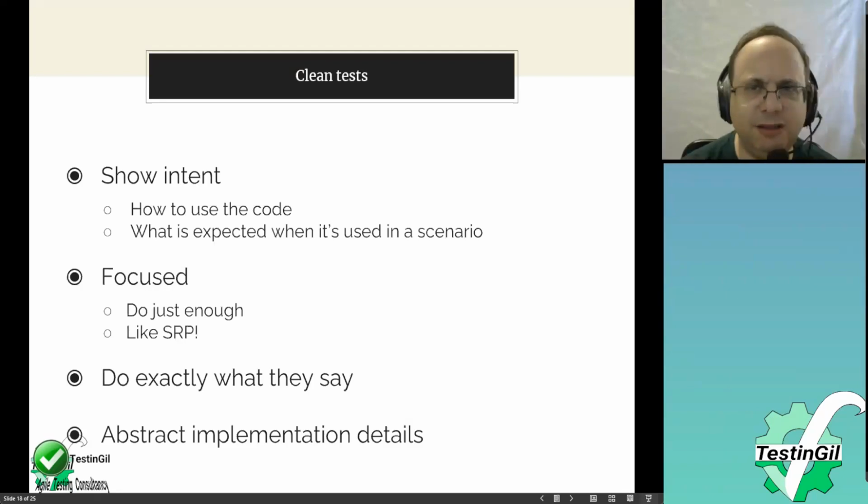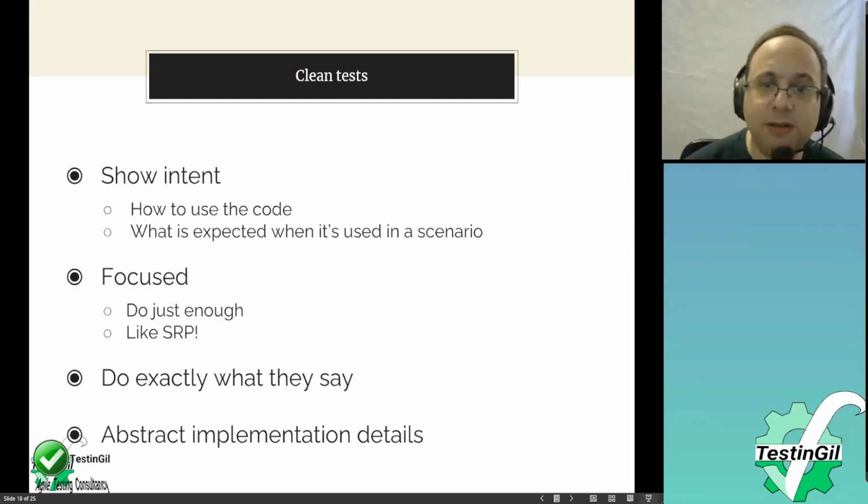Test names are not checked by the computer, the compiler, whatever you're using. The only way you can check it is with your eyes, or somebody who reviews that code. So whatever you do, you need to have a match between the name and what it does, because if you don't, imagine that there's a bug in there. The first thing that you'll see is the test report with the name, not the test code.